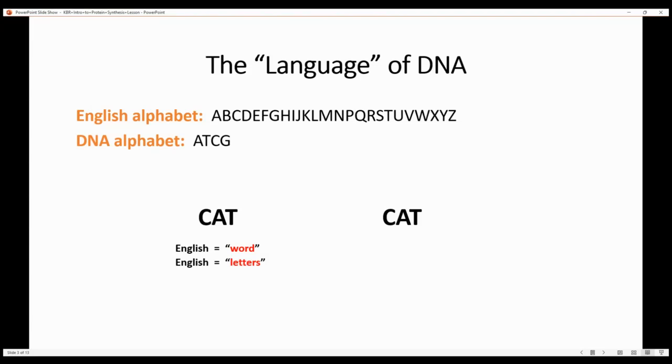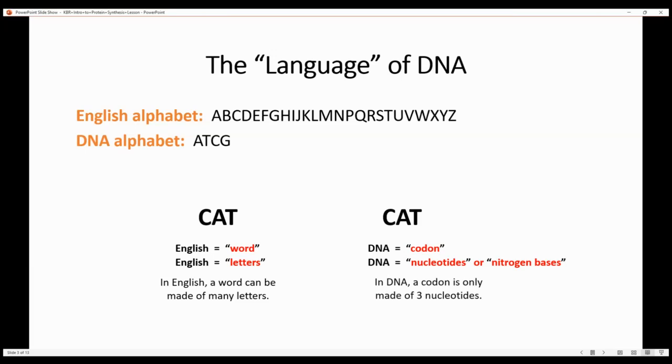But in the language of DNA, this is called a codon, and a codon is made up of nucleotides, or also called nitrogen bases. In English, a word can be made of many letters, but in DNA, a codon is only made of 3 nucleotides.